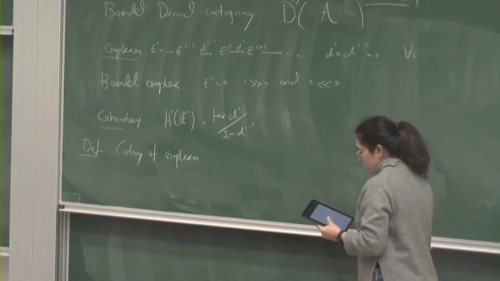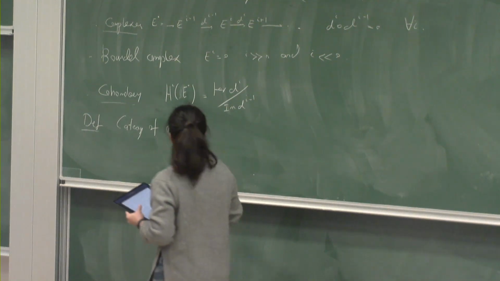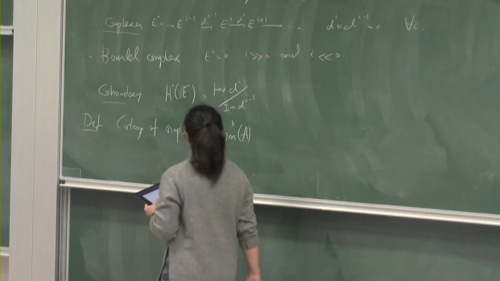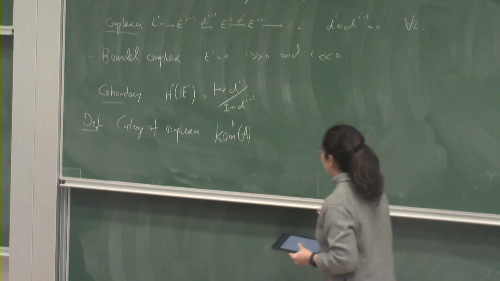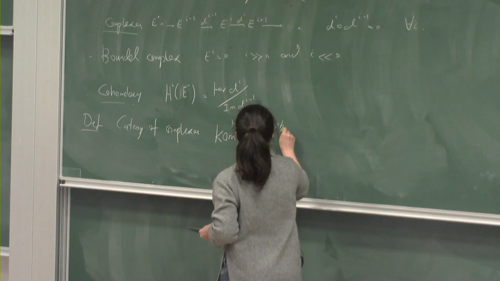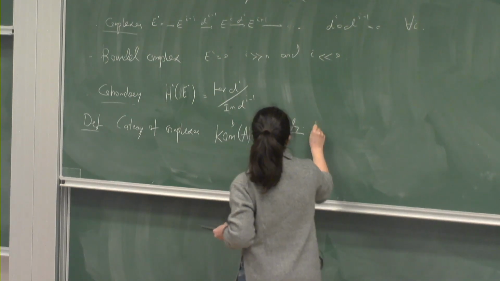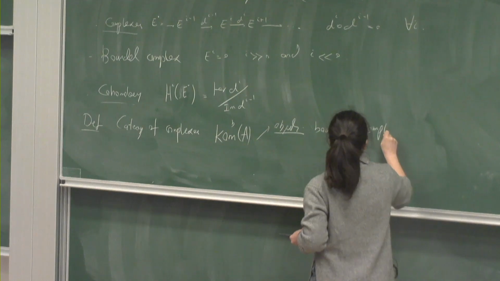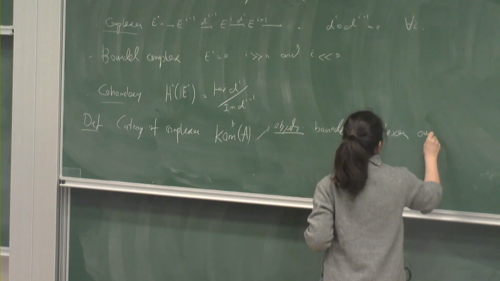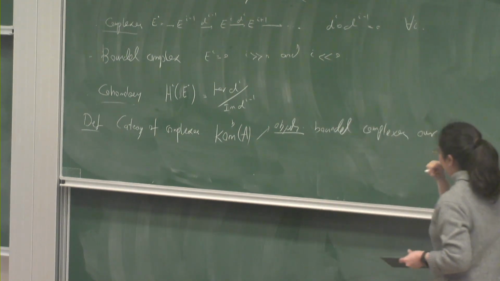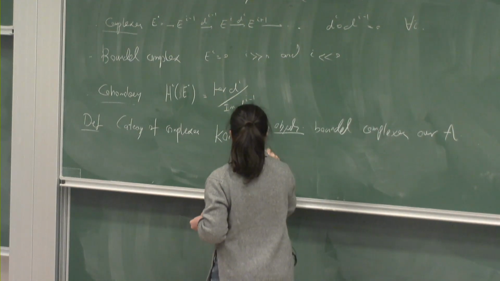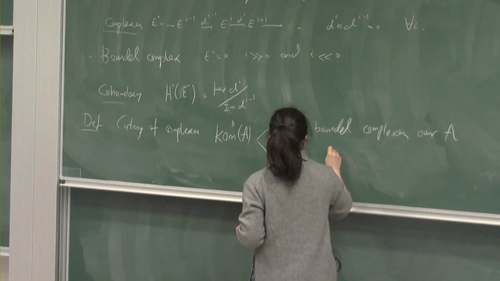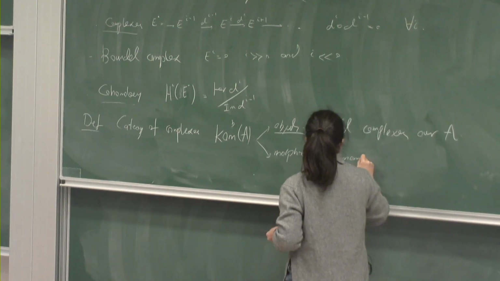Then the category of complexes that I'm going to denote by Com^b(A) is an abelian category whose objects are, as I said, bounded complexes over A, and the morphisms are just homomorphisms of complexes.